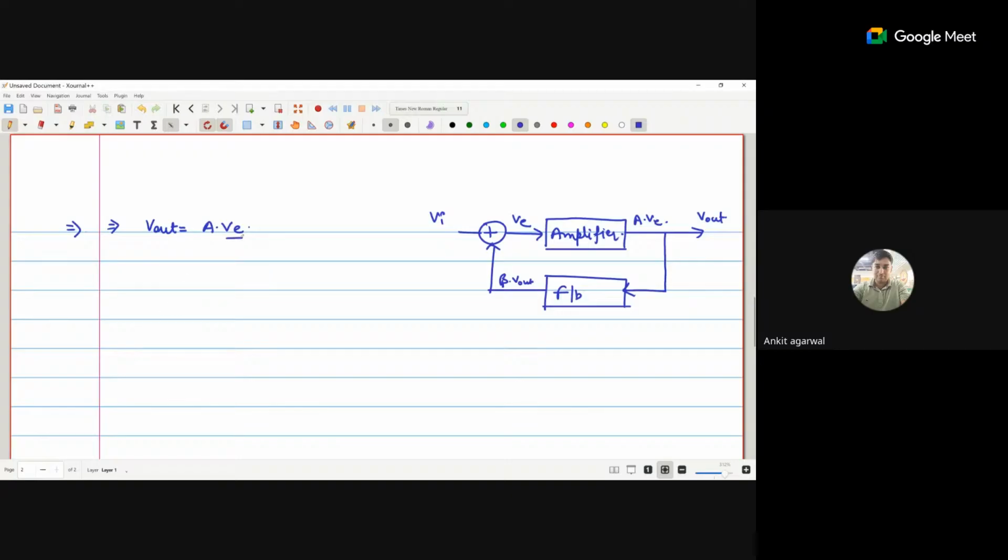And if we are talking about the V, what is the V? V is equal to Vi minus beta times V out. So V out is equal to A times Vi minus beta times V out. Okay, the question is, just wait a minute.